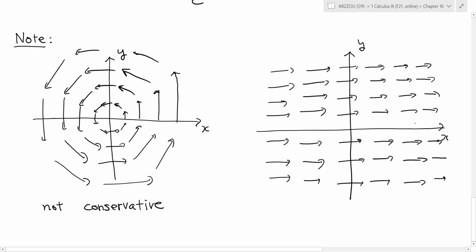So it's likely that when you come back, the total work done on your finger gets cancelled out, against the water and with the water. So most likely this kind of vector field is conservative.